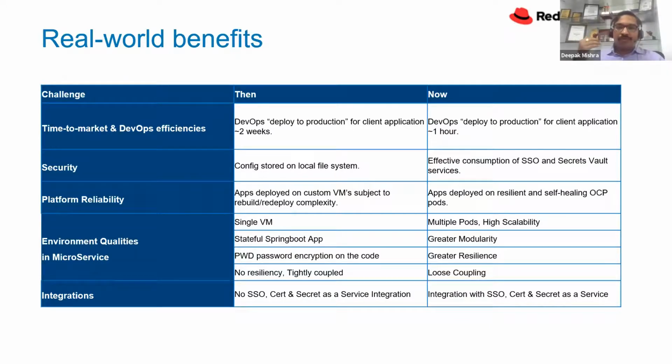ROI calculation with respect to planning, design, development, how much they reduce from the initial application development, continuous application development, testing, the deployment cost, how much they used to spend on application lifecycle management, upgrade, and maintenance.